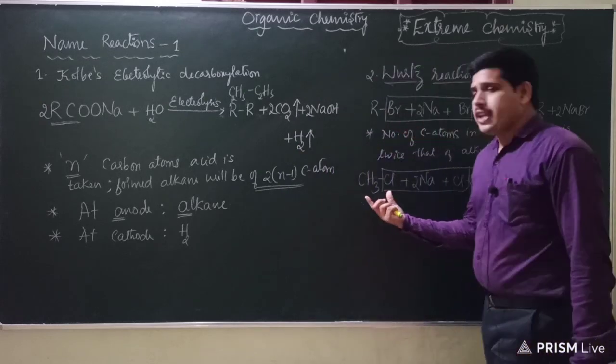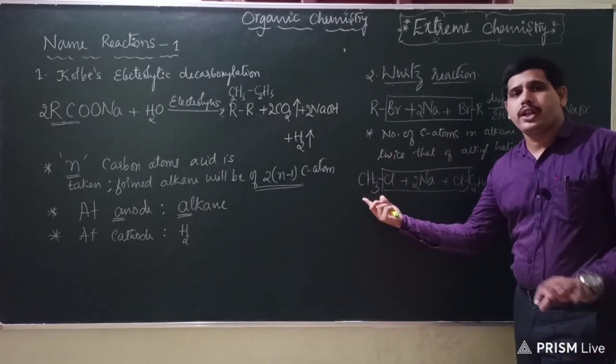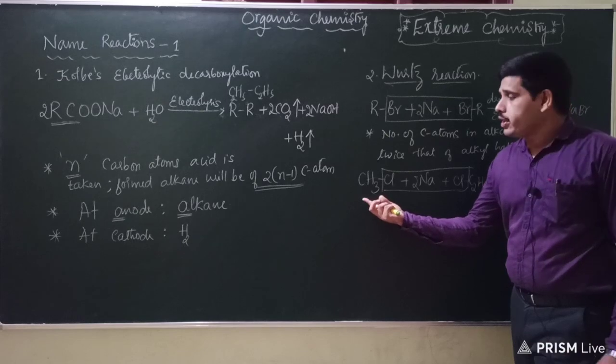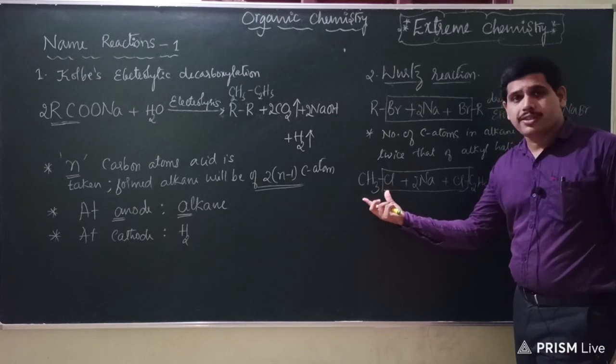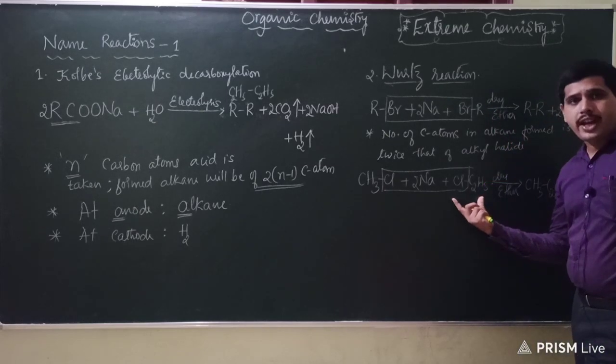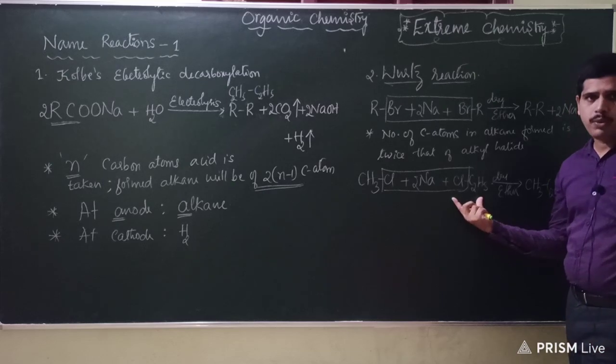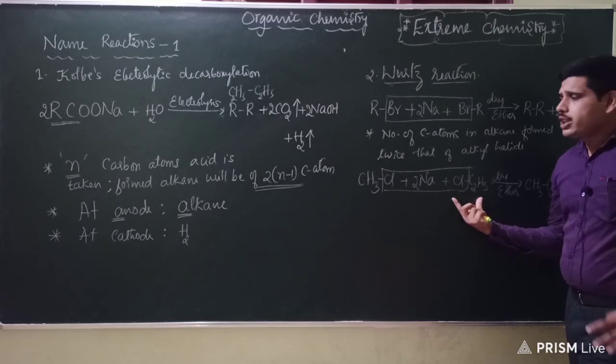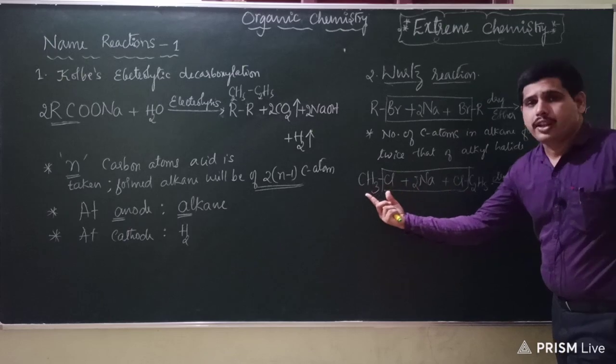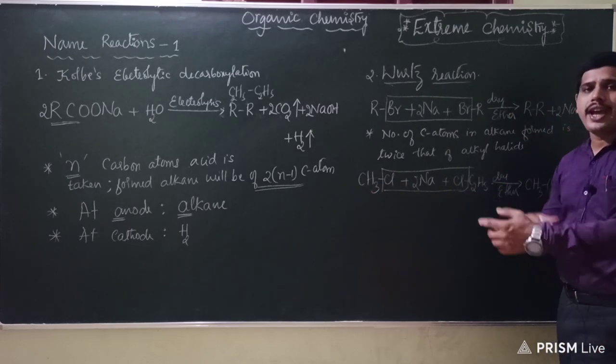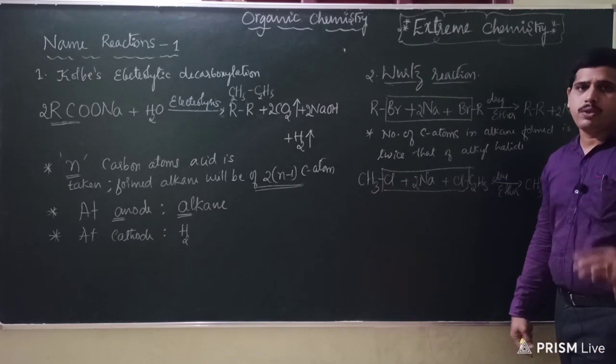So in this reaction we have 6.02 into 10 raised to 23 molecules of methyl chloride, which are involved in reaction with the same number of ethyl chloride molecules. So we cannot control this reaction where, in a 1:1 ratio, the reaction takes place between 2 different molecules.